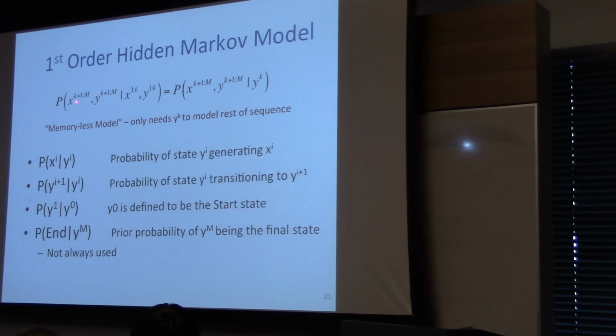If you want to model the probability distribution of the remaining words and the remaining part of speech tags, given the first k words and part of speech tags, it actually is completely independent of anything but the current part of speech tag. And this is called a memoryless model.